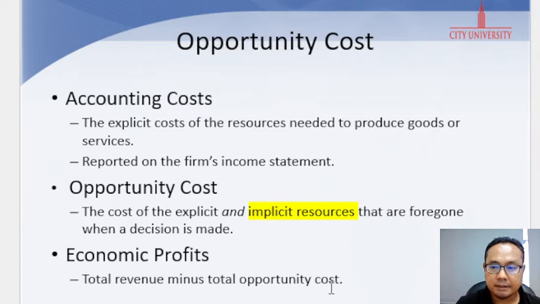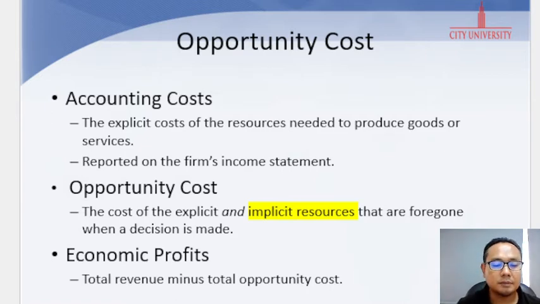We can discuss an example for implicit cost. Let's say you decided to open a restaurant business, and your accounting cost is maybe 20,000, and by the end of the year you get 100,000 in revenues.